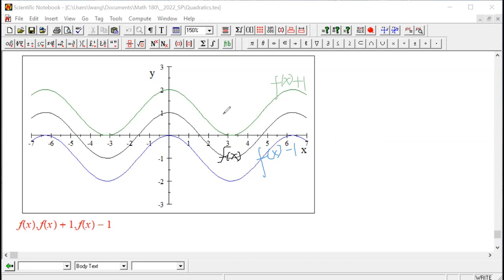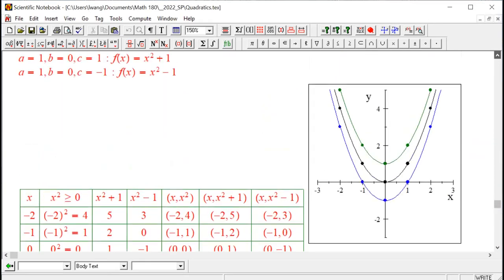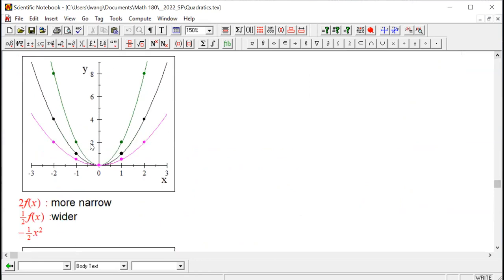It's time to do a little summary, isn't it? Because the next one, we're going to do another kind of shift. So before we do another kind of shift, let's summarize. We have this case. What other cases do we have? Shifting up and down. What else have we done? Narrower, wider.